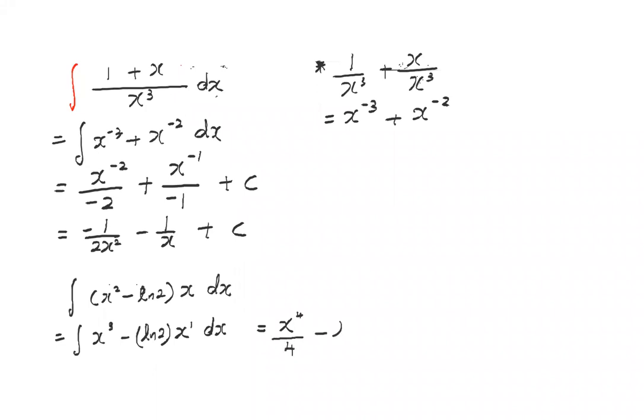Take away the constant times x, it has to become power 2 because you have to plus 1. Then divide by the new power, plus c. So don't get frightened by the ln 2. Just tell ln 2, you are the constant. Don't worry about you. You won't eat me up. You see or not? Okay. Got it? So you know how to apply the power terms rule for integration? Okay, good.